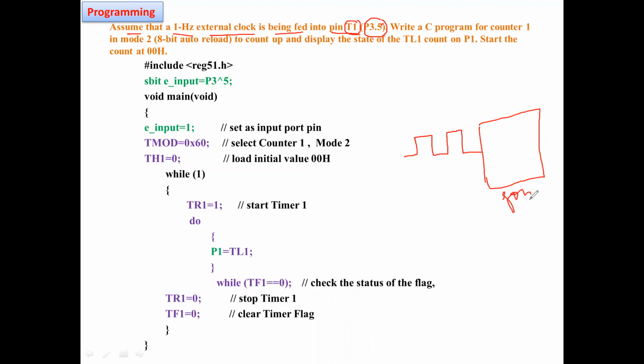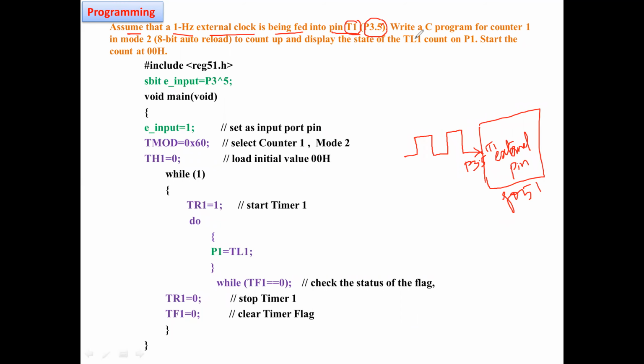Which pin? P3.5, the timer 1 external pin. If you are getting any signal here, then automatically it is going to be a counter program.